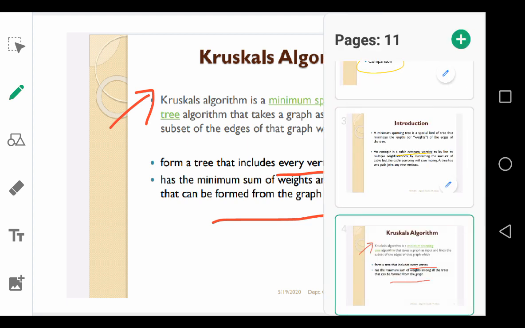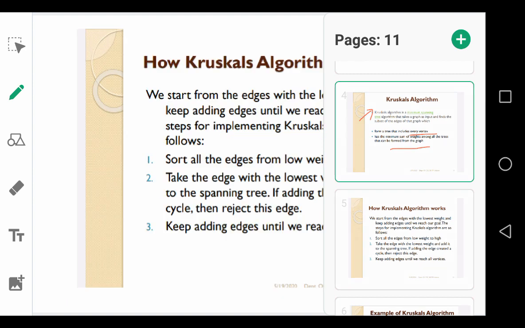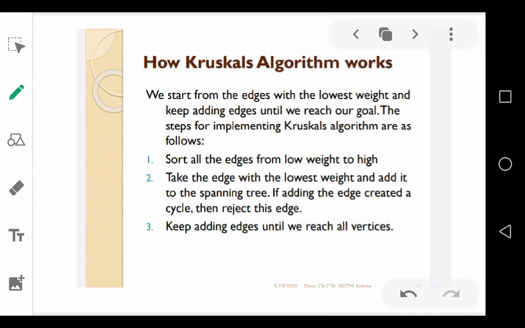So we'll see how this algorithm works. First we start from the edge with the lowest weight and keep on adding the minimum weighted edge, the minimum cost edge, but the selected edges should not form a cycle with each other.